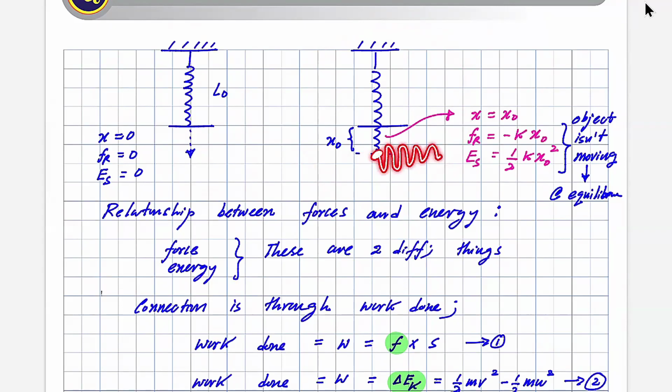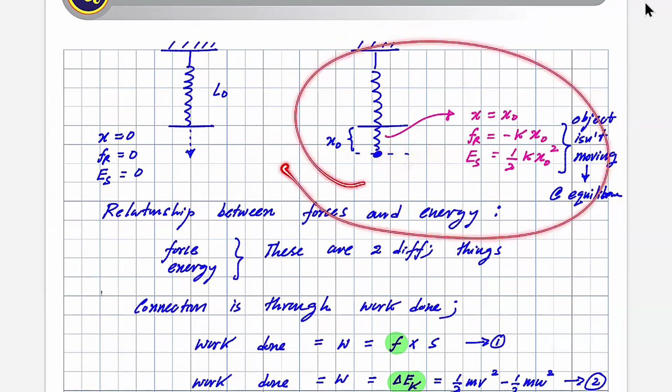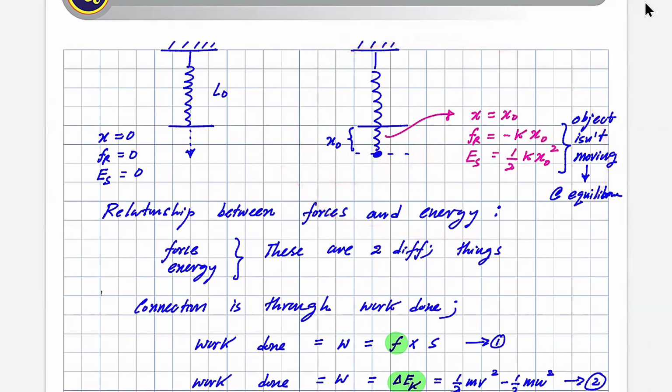So for this situation, we discussed forces and energies. That energy is called spring energy, stored inside the spring. The force is the restoring force because of the attached mg. So we understood this.